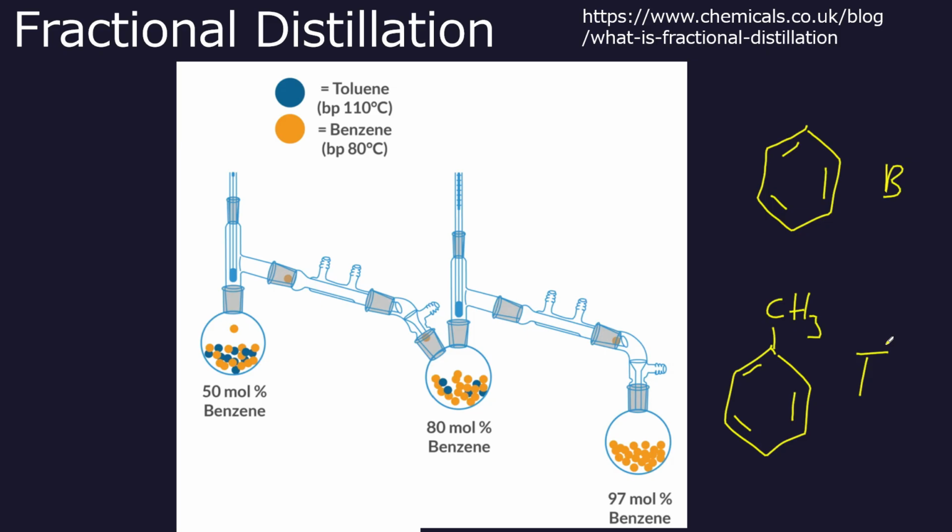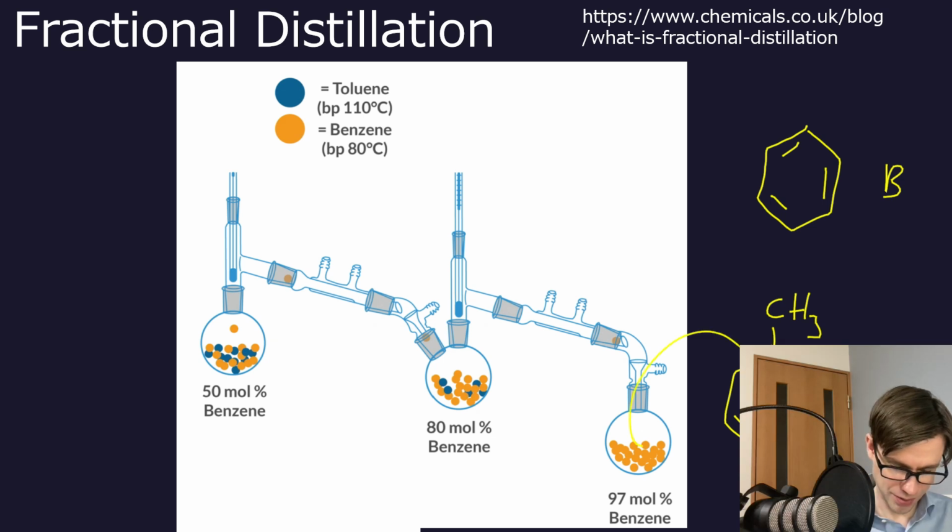But if you do this once, if you have a 50-50 mixture to start, you're going to have an 80-20 mixture next. That's often not pure enough for most people's needs. So you do it again, you get 97% benzene, benzene being the more volatile one, lower boiling point. But even that's not pure enough for some people.